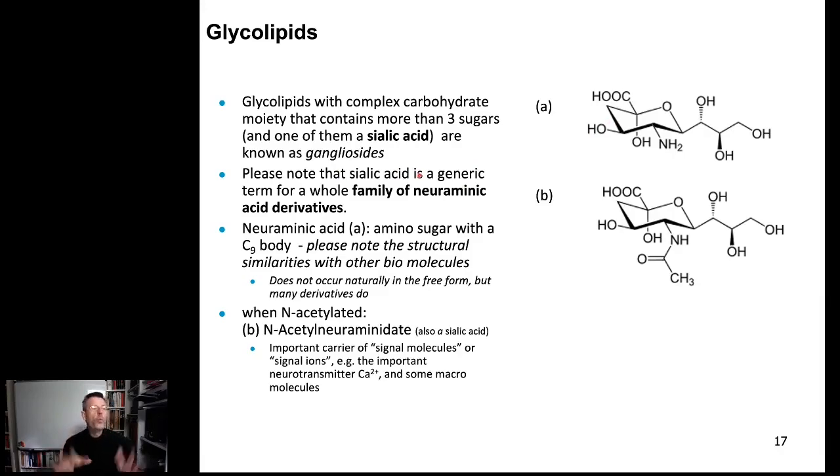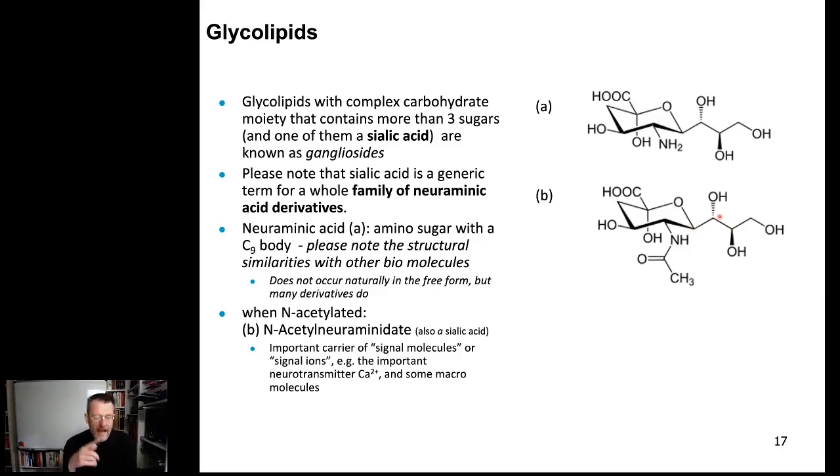Okay, now if we're talking about the sialic acid, the problem is sialic acid is a whole family. There is not one sialic acid molecule. There are all derivatives of the neuraminic acid. And if we look at the neuraminic acid, then this is an amino sugar with an overall C9 body. There really are carbon-carbon bonds here, not hydroxy groups.